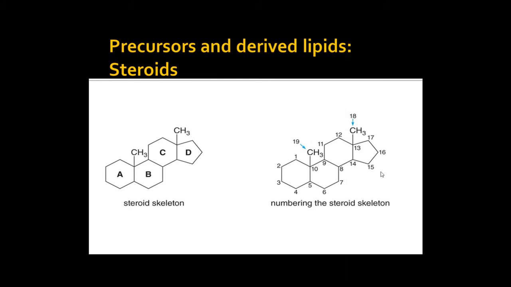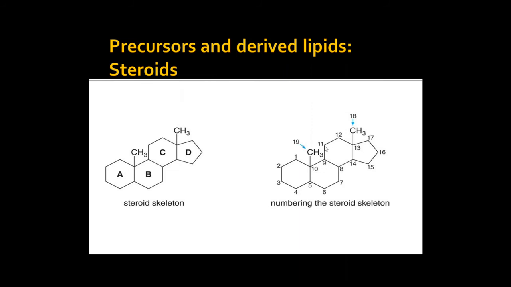It has 4 rings, out of which 3 rings A, B and C are 6-carbon rings, and the 4th ring is a cyclopentane ring. Along with it, there are 2 methyl groups also present. This is the basic steroid skeleton. Numbering of steroid skeleton is very specific. It is numbered starting from this carbon numbered 1, then 2, 3, 4, 5, 6, 7, 8, 9, 10.